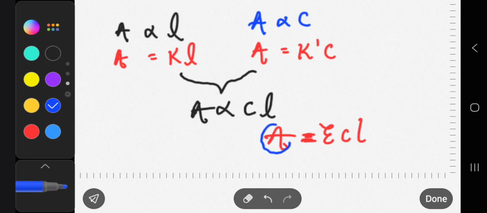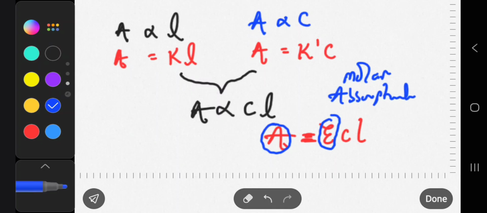A is the absorbance of the species of interest, the absorbance value. Epsilon is a constant called the molar absorptivity. It has a unit, and you should know the unit too.